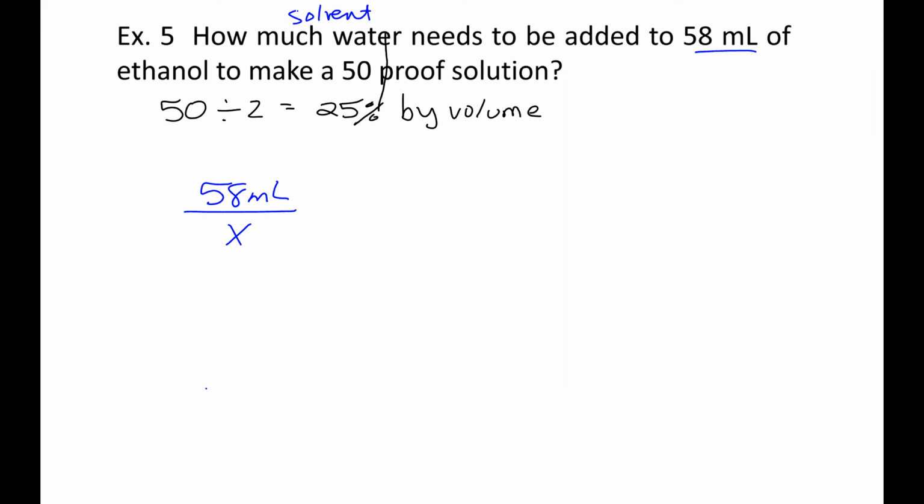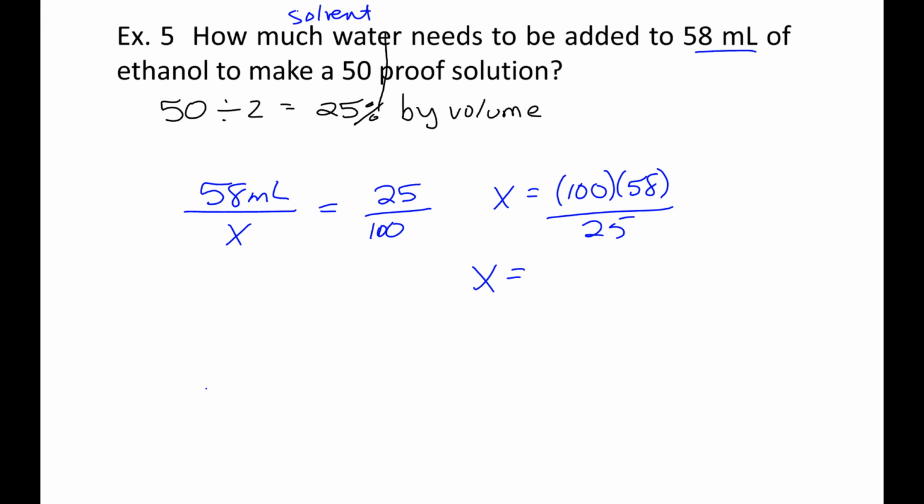So 58 milliliters over X equals 25 over 100. So X is going to equal 100 times 58 divided by 25. So X turns out to be 232 milliliters of solution, but it doesn't want solution. It wants to know how much water, so it's the solvent.